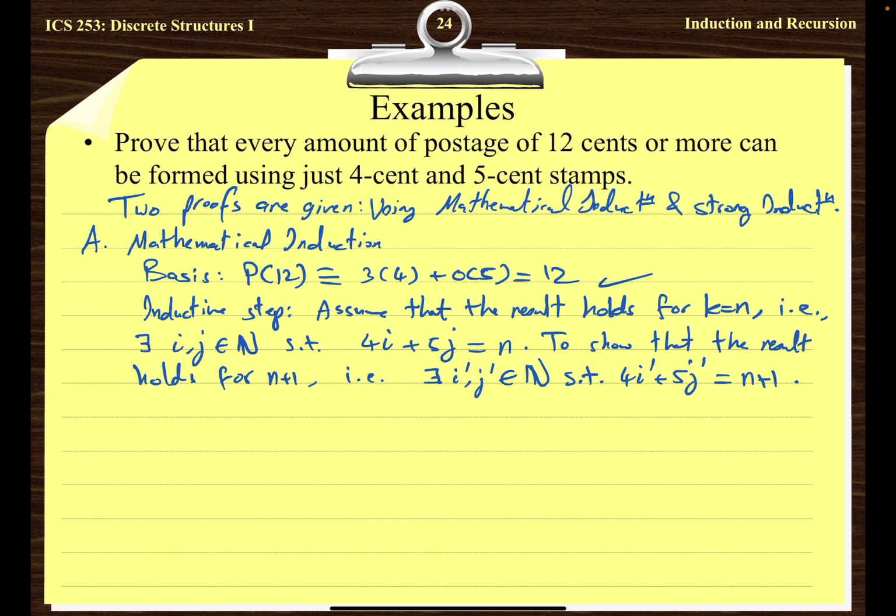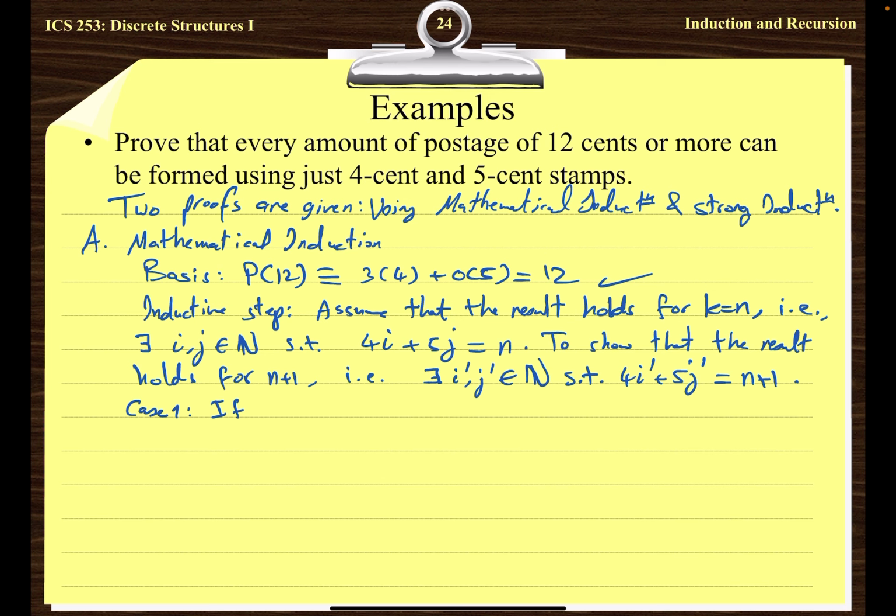But there is one catch. Or there is one problem. You are assuming that there is a 4, right? What if there was not? So now we have to have 2 cases. Okay? So case 1 is if I is actually greater than or equal to 1.